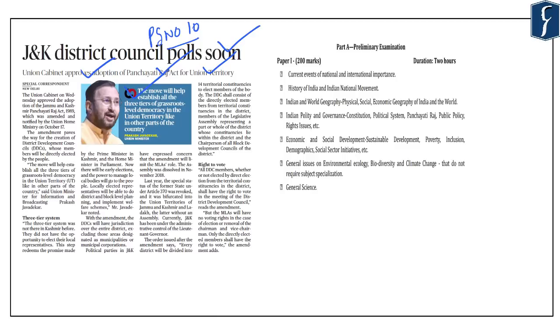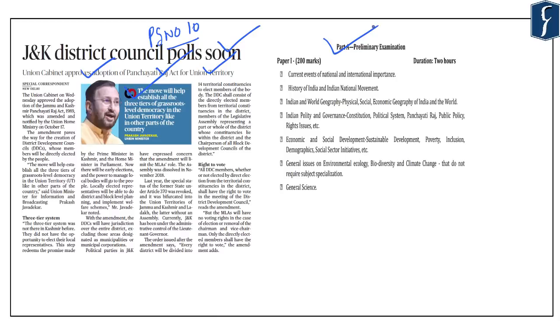So a natural question arises: although we have the 73rd Amendment Act which deals with the Panchayati Raj, why was there a need for a separate Jammu and Kashmir Panchayati Raj Act of 1989 being notified now? And also, under what authority has the Ministry of Home Affairs amended it? So let us look at these aspects from our preliminary examination point of view under the topic Indian Polity and Governance.